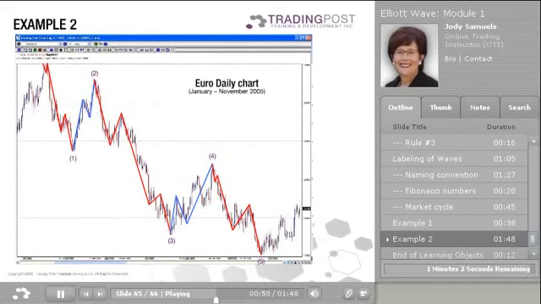Now let's talk about market psychology. Let's suppose that in the news in January 2005, most of the news items were very bullish on the euro. In November 2005, the news items were extremely bearish on the euro. That is exactly why the Elliott wave principle works, because of human emotions.